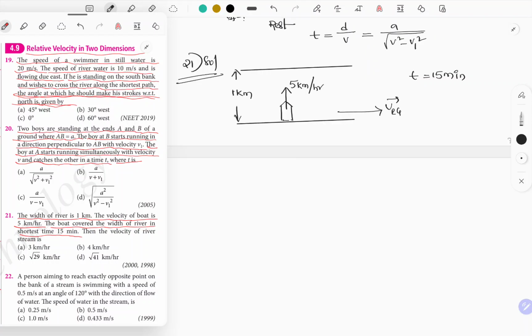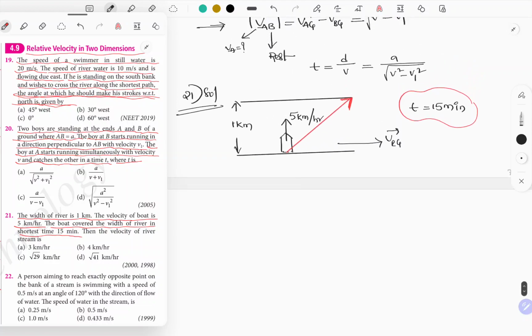Now we know the velocity, which is the vertical component, and the river velocity. So this is going to be the resultant. As the river is flowing, this is how the resultant velocity is going to be. So whatever the time they have given is the time taken to cross the river, right?